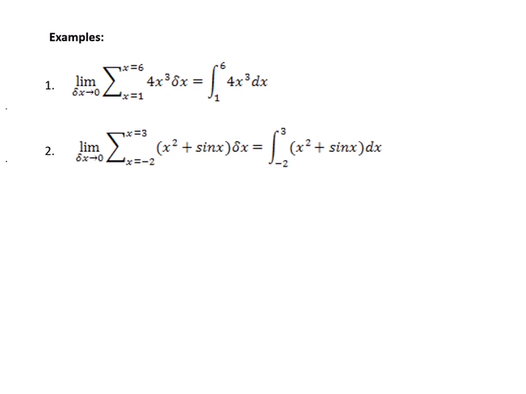That is the summation part. Now the integration part of it, we have it as the integral from 1 to 6 of 4s raised to power 3 ds.